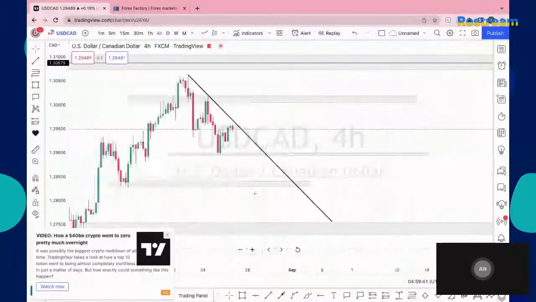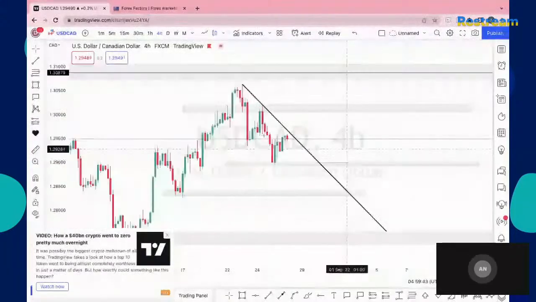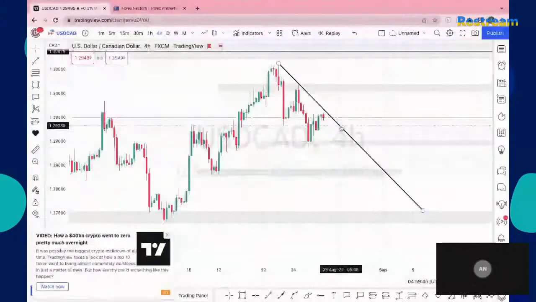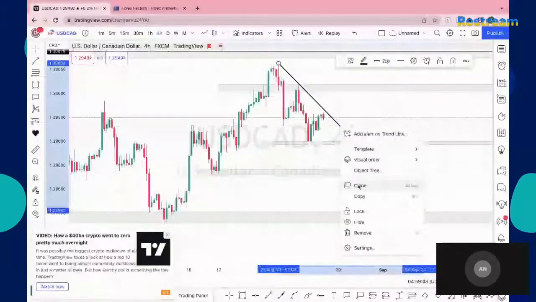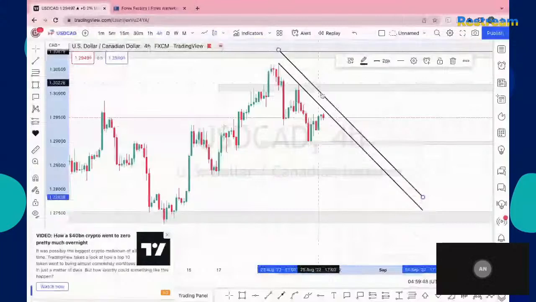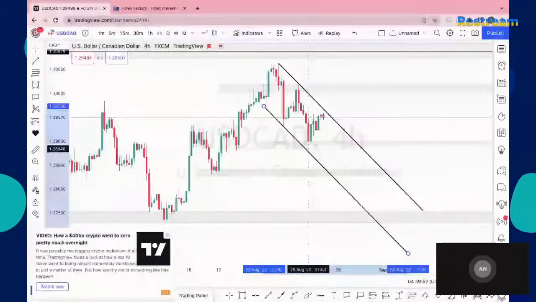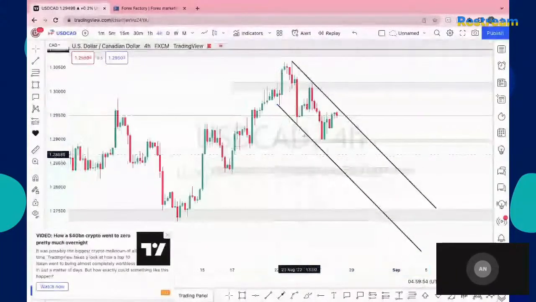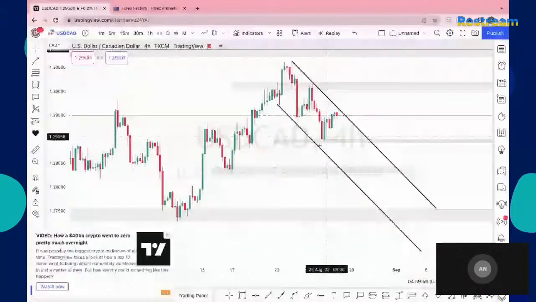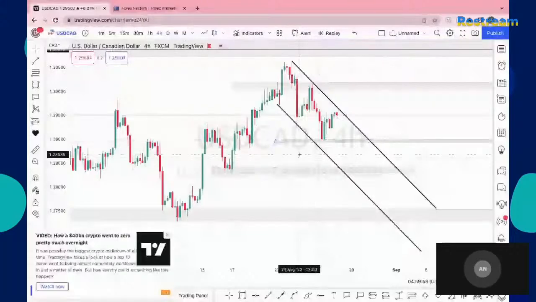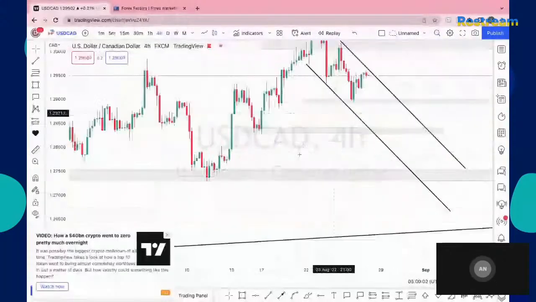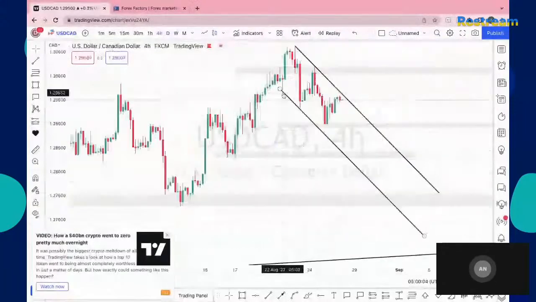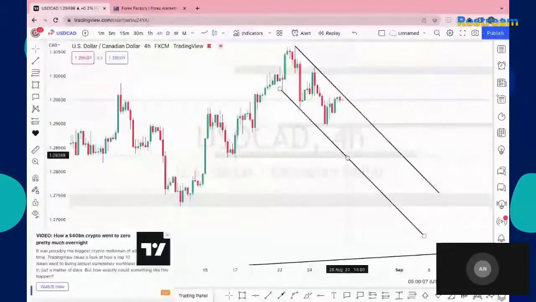Yeah, I'm seeing this resistance trend line, and I draw my other channel here. Sometimes the trend line doesn't have to touch. But as you can see already, 2 touches, 1, 2. So I'm in a downtrend.